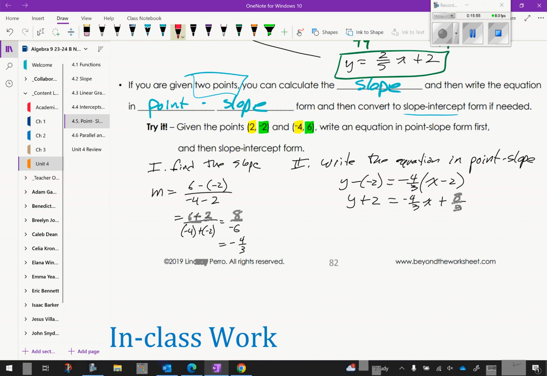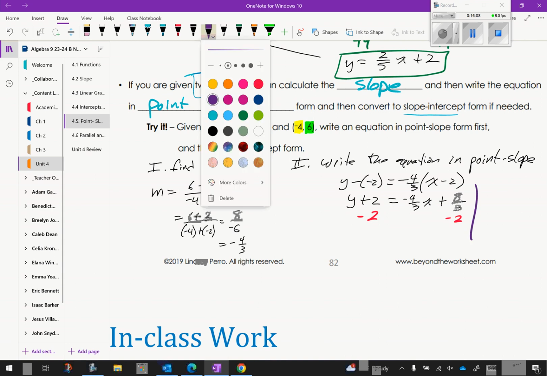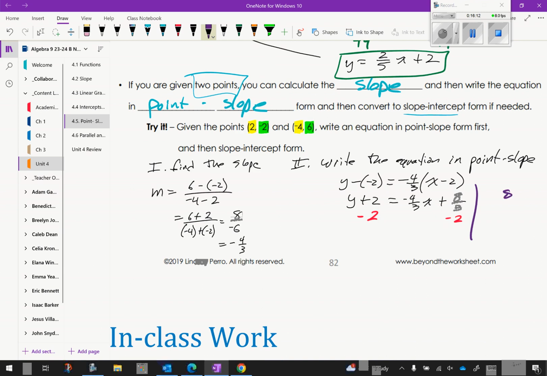And then to get it into slope-intercept form, I need to get y all by itself. So that means I need to subtract 2. Now, it might be helpful here. I have to take 8/3 and subtract 2. I need a common denominator because, again, a nice whole number there can be thought of as having a denominator of 1.